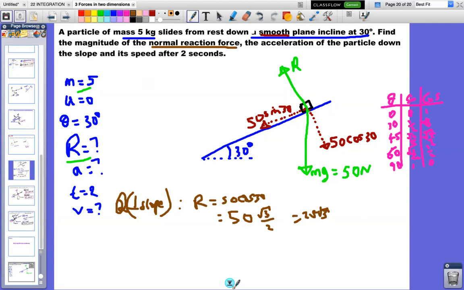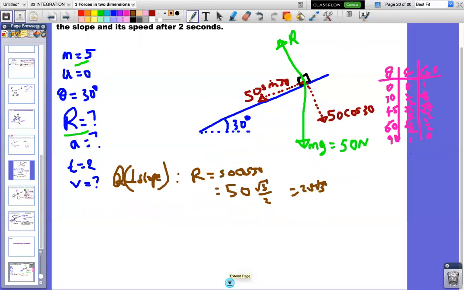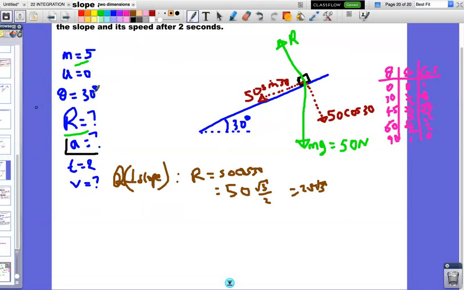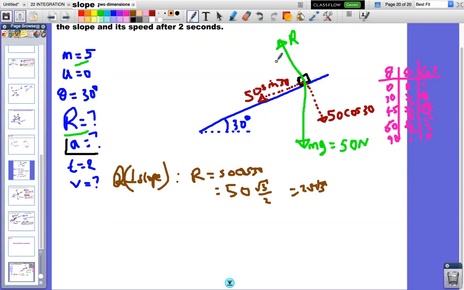Next, we need to find the acceleration. The object is sliding down, so the acceleration is this way. And the resultant force along the slope is just this force, 50 sin 30.